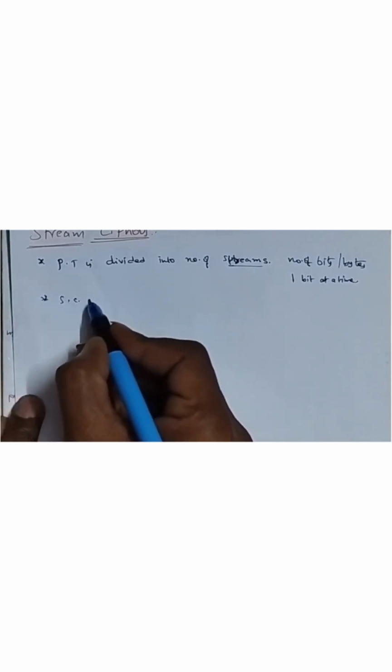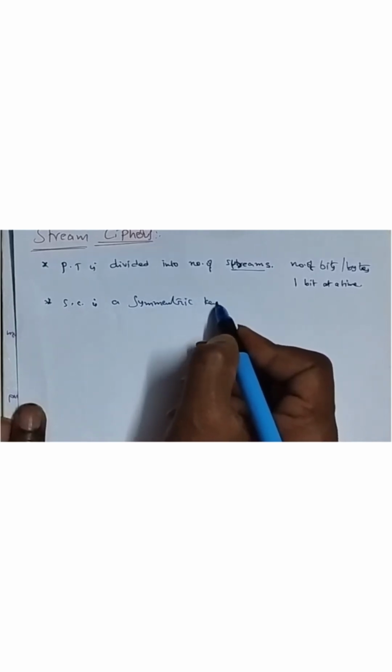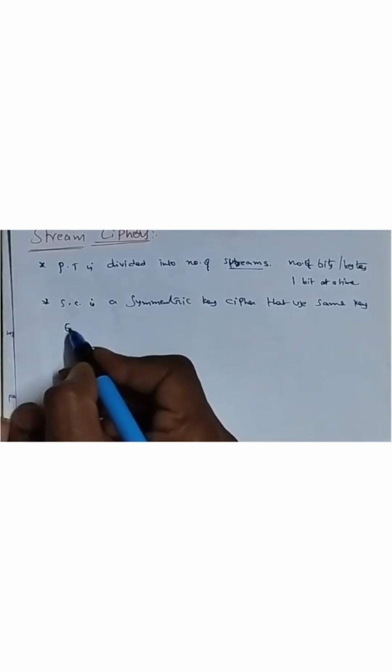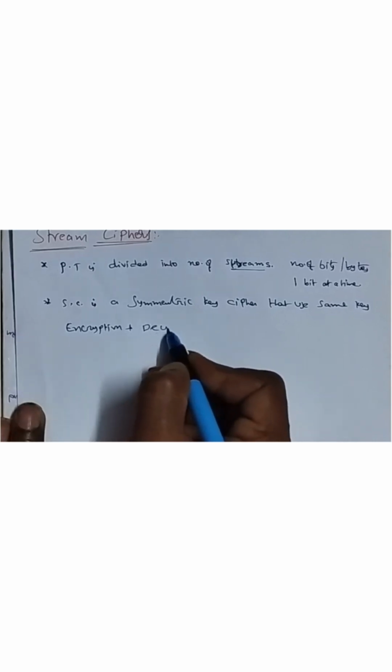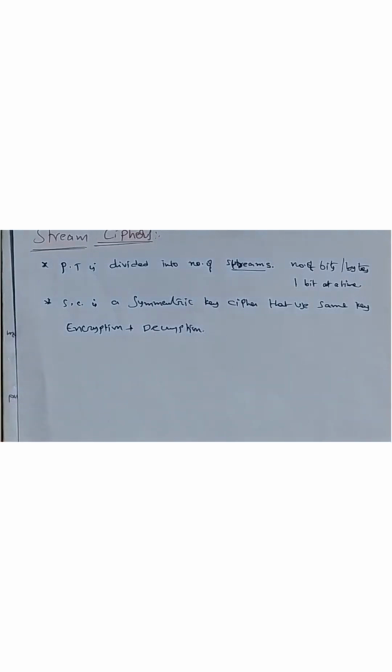Stream cipher is a symmetric key cipher that uses the same key for encryption and decryption, but unlike a block cipher, a stream cipher operates on each digit of the plain text to produce the ciphertext.